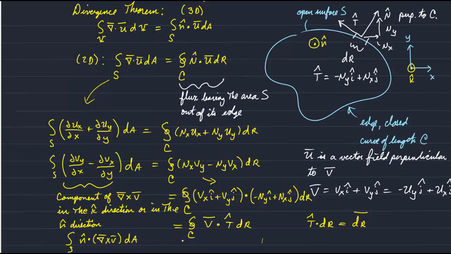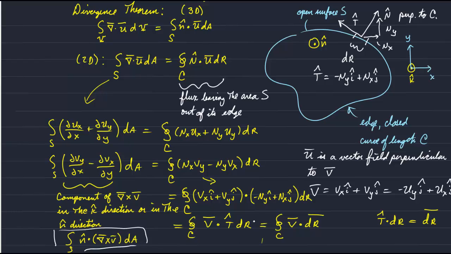So the right-hand side, therefore, equals the integral over the closed curve of V dotted with dr. And so we have our left-hand side of Stokes' theorem here, and that equals the right-hand side of Stokes' theorem here.